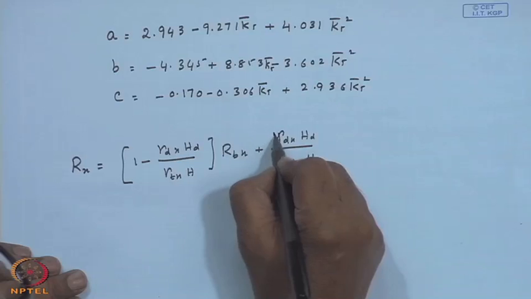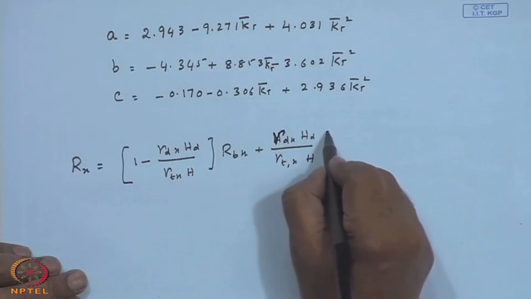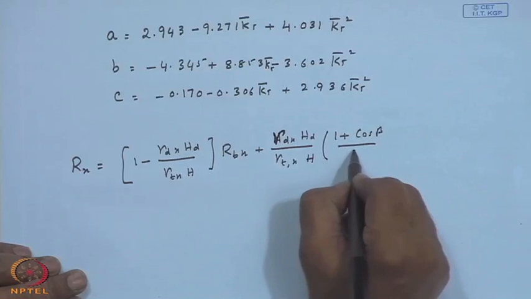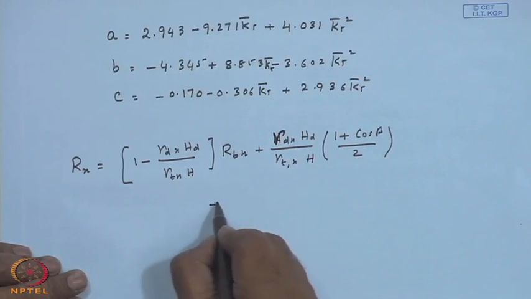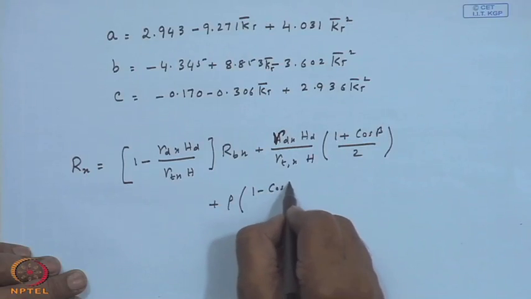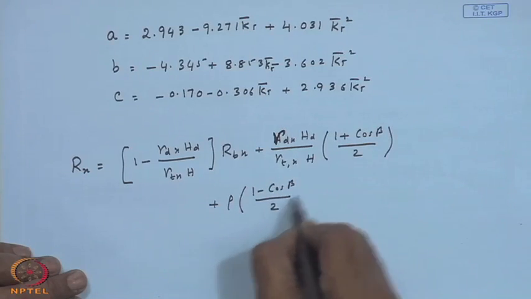RDN, sorry, 1 plus cos beta by 2 plus ground reflectivity times 1 minus cos beta by 2.